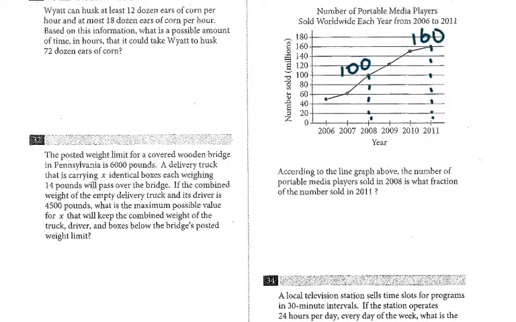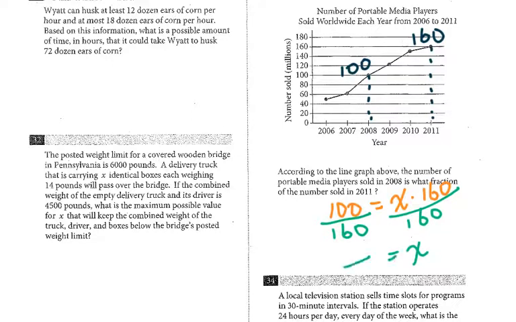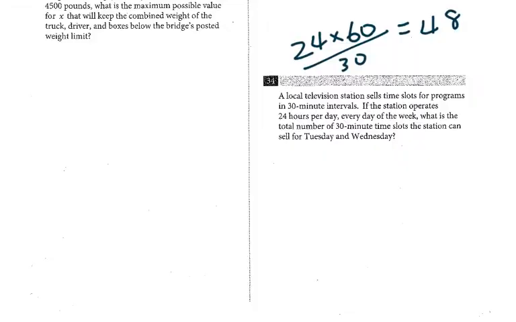So we're looking for 100 equals x times 160. Then you divide both sides by 160. After you reduce, you will get 5 over 8. That's the answer, 5/8.